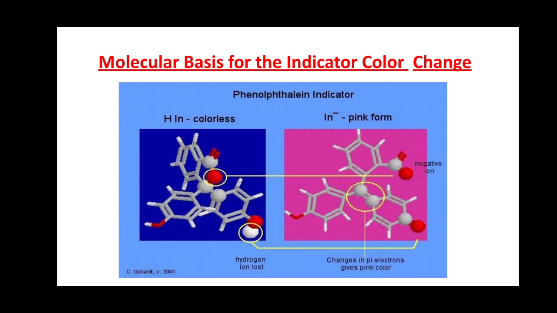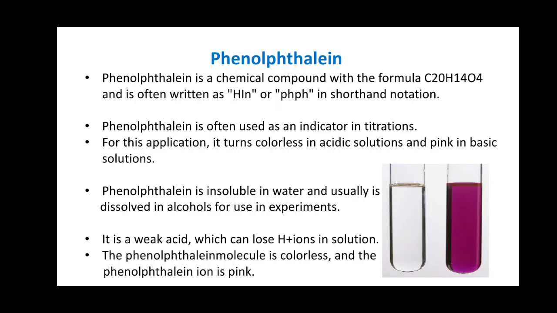So hydrogen ion lost, it becomes pink. Phenolphthalein is a chemical compound with the formula as given here and is often written as PH or HIn. So in shortened notation we can also use that.